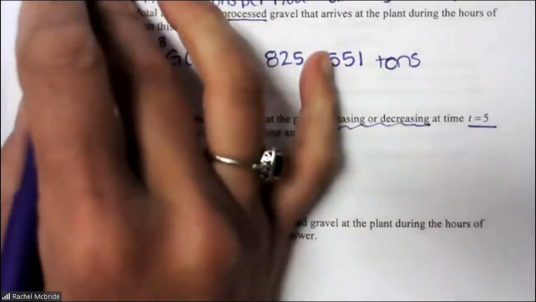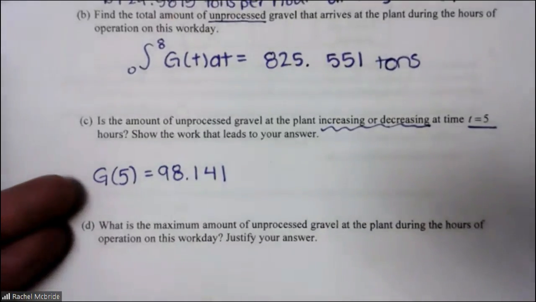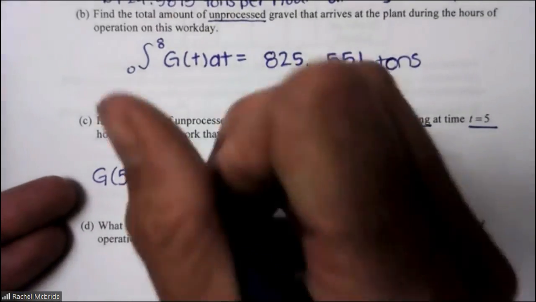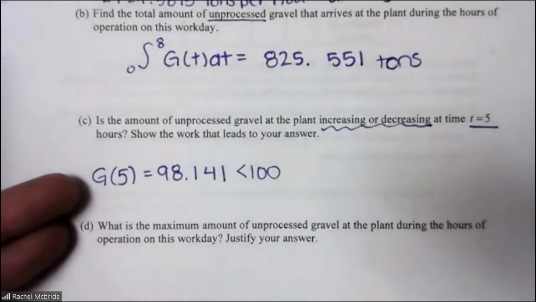The initial amount, or the amount that's being processed, is 100. So that's less than 100. So it says, is the amount of unprocessed gravel at the plant increasing or decreasing? Since the amount is less than 100, it's decreasing.